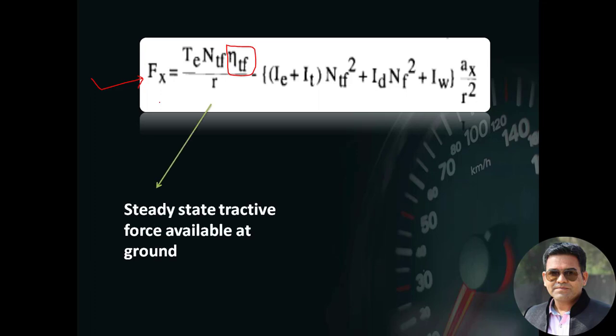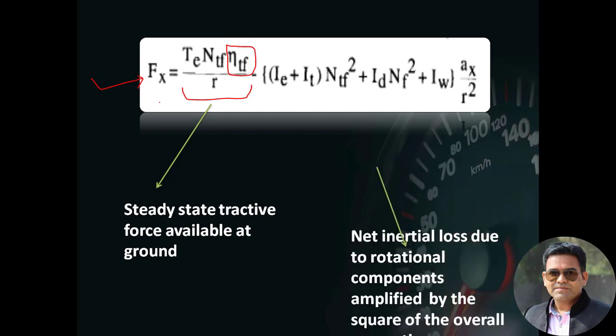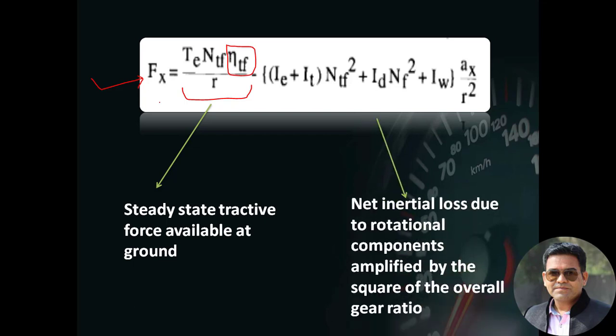In this equation we have two terms. The first term indicates the steady state tractive force available at the ground, and the second term on the right hand side indicates the net inertia loss due to rotational components amplified by the square of the overall gear ratio.